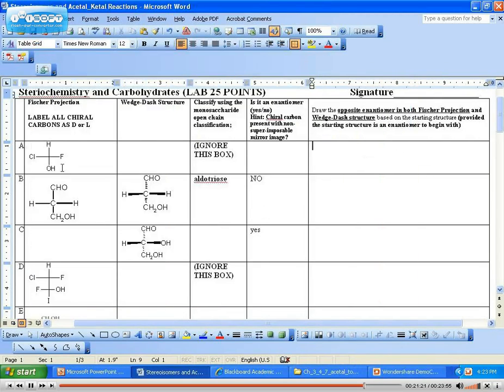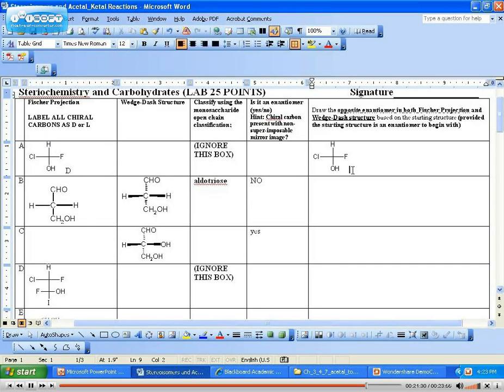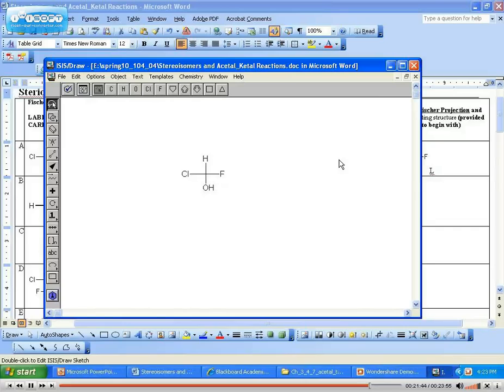So, drawing the opposite enantiomer is actually very simple. By the way, this is going to be a D form. Now I need to go ahead and draw the L form. I need to draw the wedge dash structure and the enantiomer. So what I'm going to do right now is just copy and paste. I start off with the D form, I need the L form. Now what I love about Fisher projection is all you have to do, if it's in Fisher projection form, is simply flip the horizontal groups.